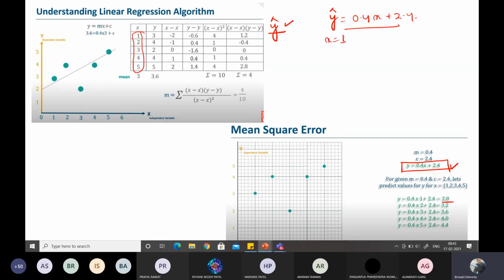That is equal to 2.8. If I'm using x equal to 2, then your y cap value or predicted value is 3.2. For 3, this is 3.6. For 4, this is 4. For 5, this is 4.4. So these are the predicted values which I got using my regression line. Now it's time to find out the error.